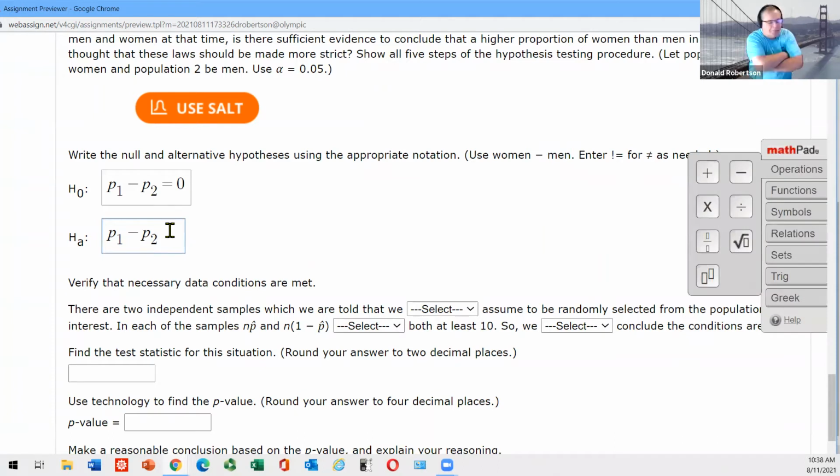What's that going to be now? Greater than, less than, or not equal to? Less than. So if it's less than 0, that means the percentage of women take away men is a negative number, right? Where men, let's phrase it this way. Which one was the bigger, men or women?